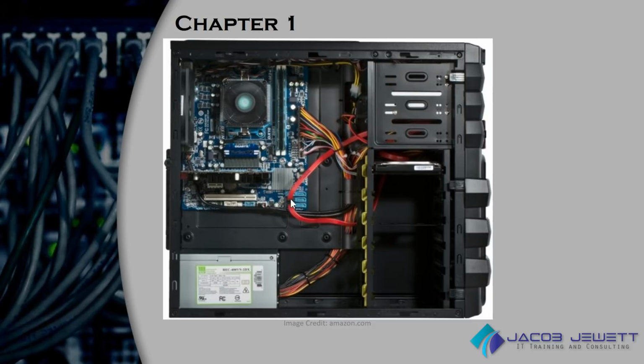Down here we have our SATA connections. And then we have an old style, what they call PCI connector here. And then we have our video connector. This looks to be, it's kind of covered by the video card. This is a video card right here. This particular video card is covering this port, but that looks to me like a PCIe connection.